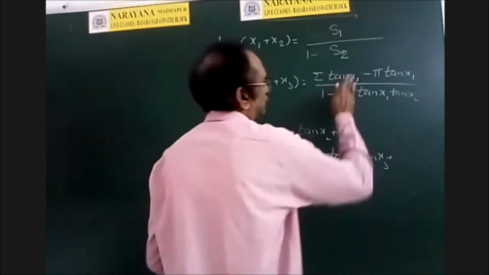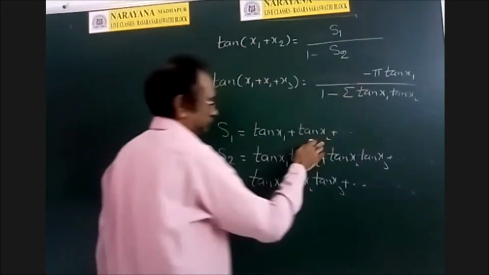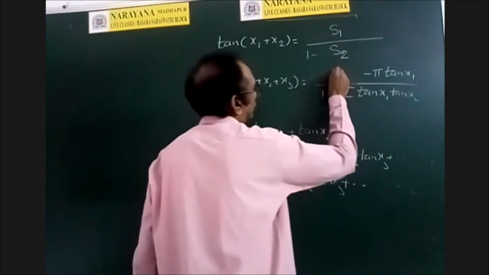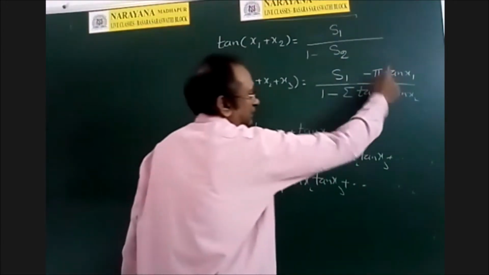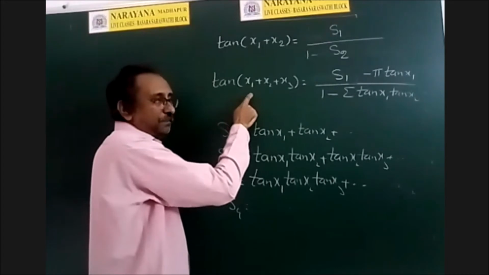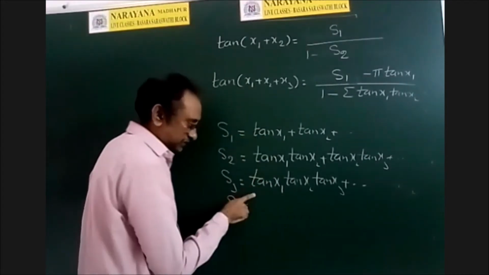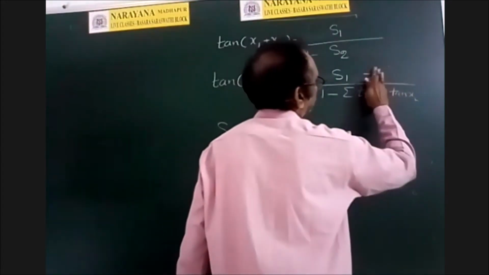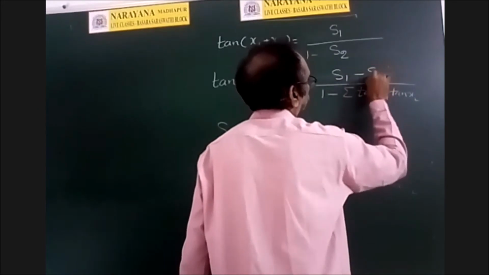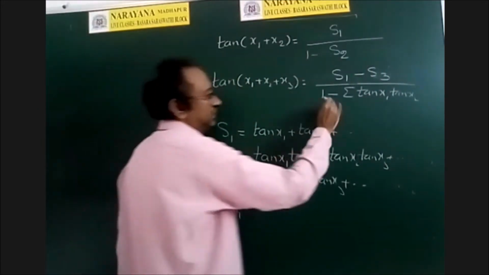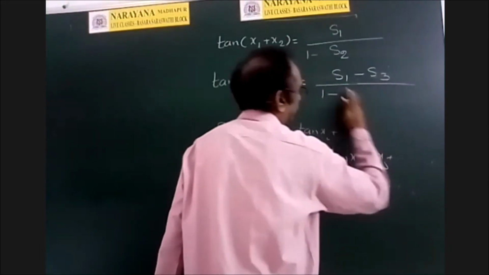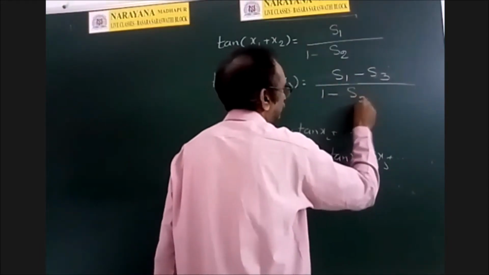And what about this? Sigma tan x1, that is the sum of tan terms, S1, minus this, which is nothing but the product of three terms here, but in general the sum of the products taken three at a time is S3, by 1 minus the sum of the products taken two at a time, that is S2.